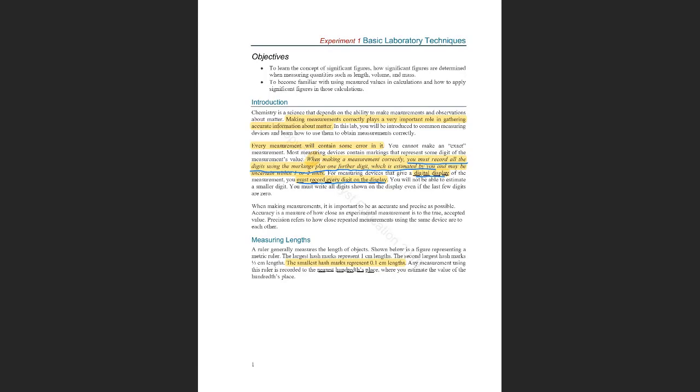So we will go over and we'll do some practice on that. So this is very important, how to read a measurement device and how to report a measurement with the correct number of significant figures.